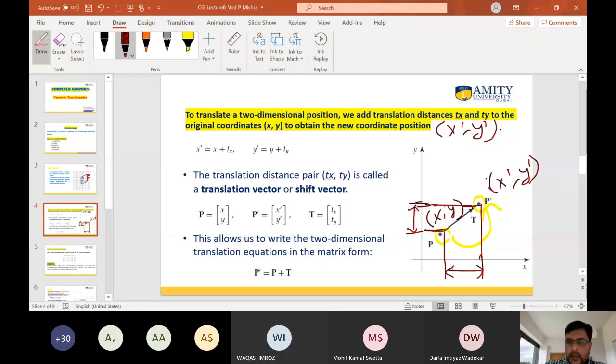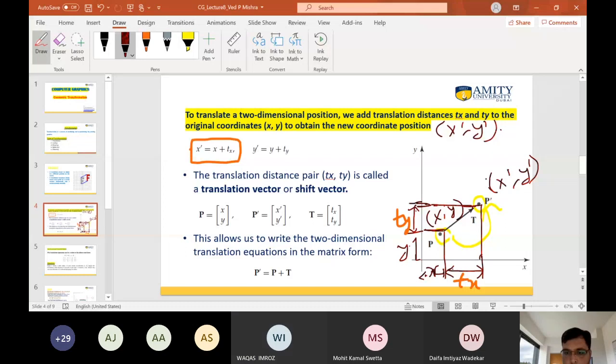Whatever x you had earlier, you will be adding Tx to it, and to y you will be adding Ty. So this one was your original position x, and this one was your y.